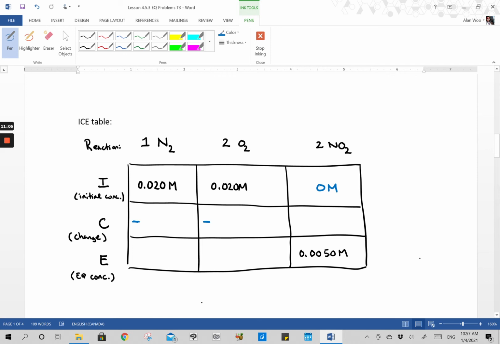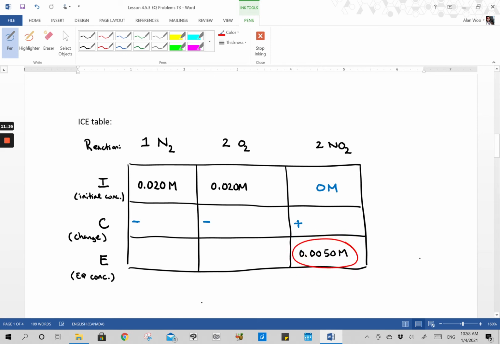We're also going to put a positive sign in the NO2 column, because we're going to create products. We're going to gain products. So the negative signs mean that we're using up reactants. The positive signs mean that we're creating products. Now, to fill in the rest of the table, we're going to have to use what we're given.